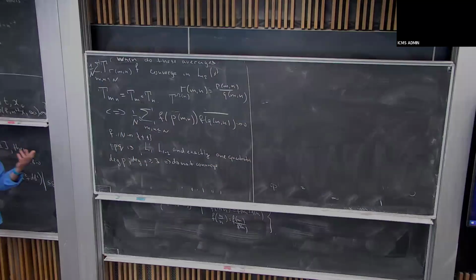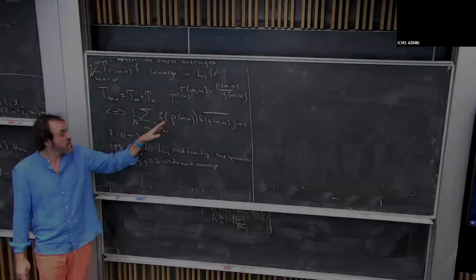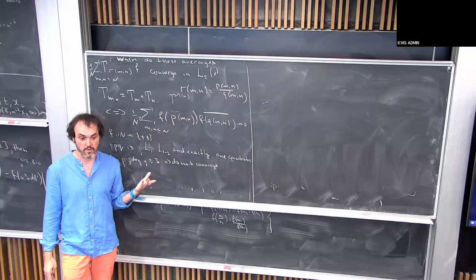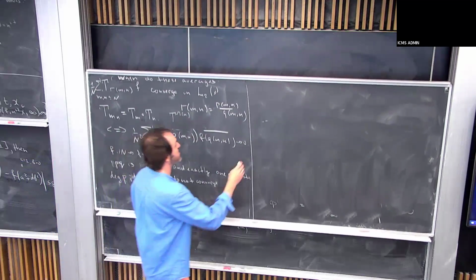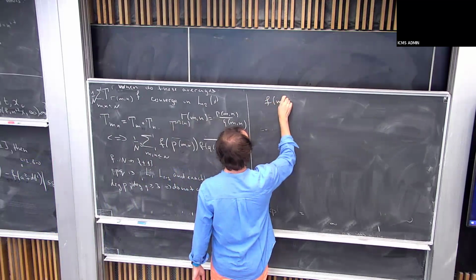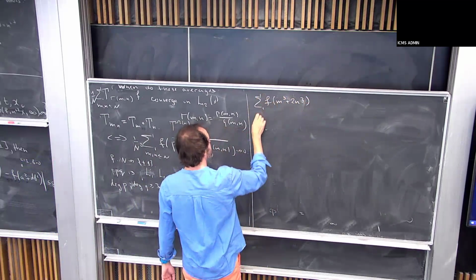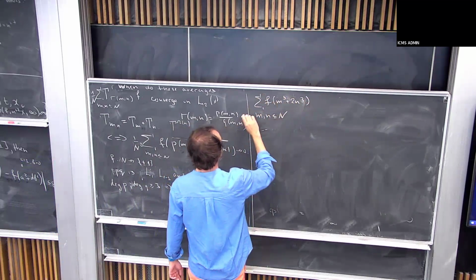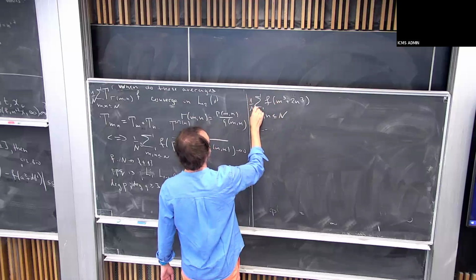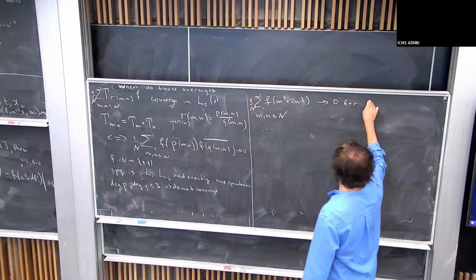For instance, you can cook up functions f which are both aperiodic and pretentious, such that these averages will not have a mean value, even for simple polynomials. So these averages, for instance, would not go to 0 for f aperiodic.